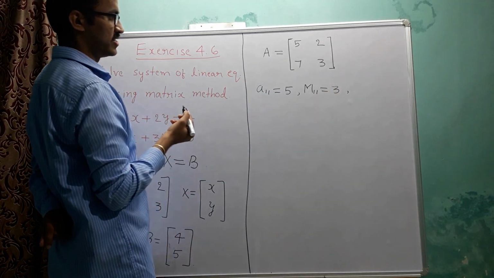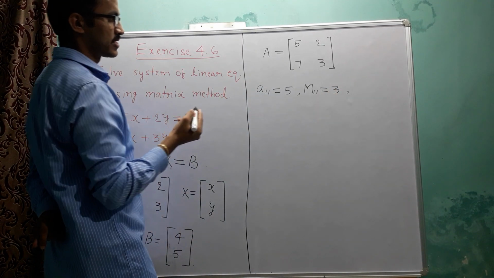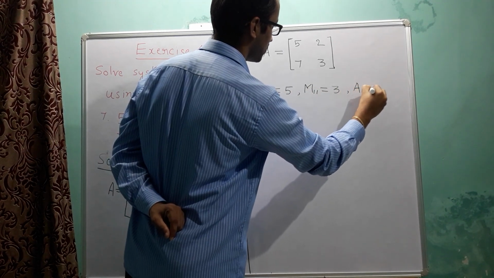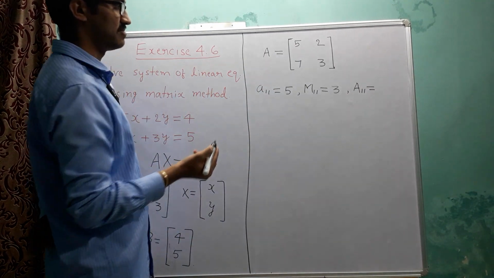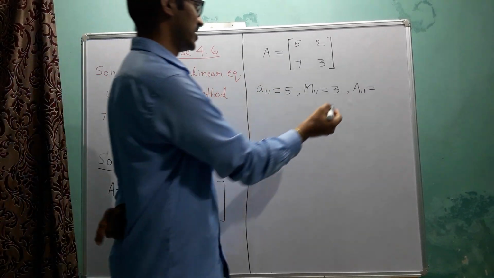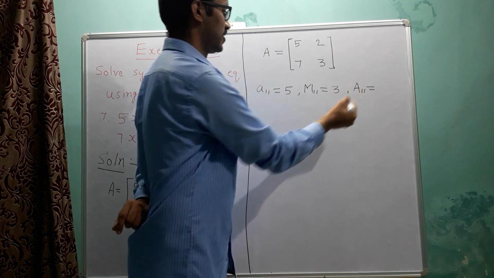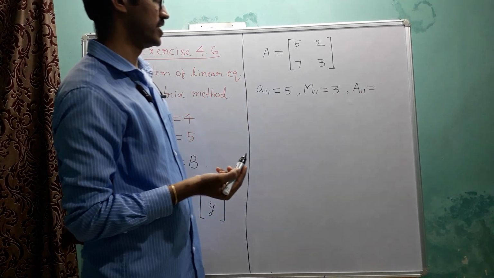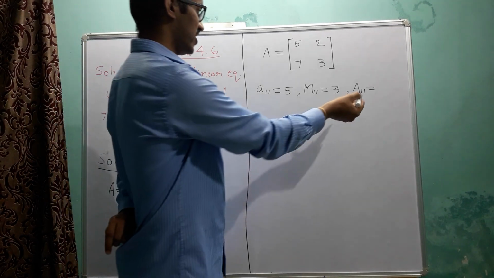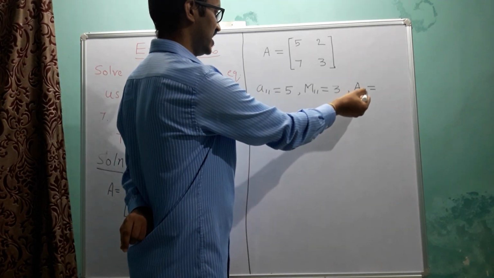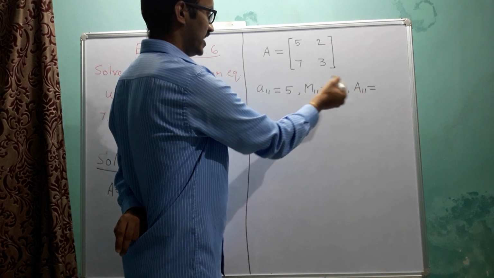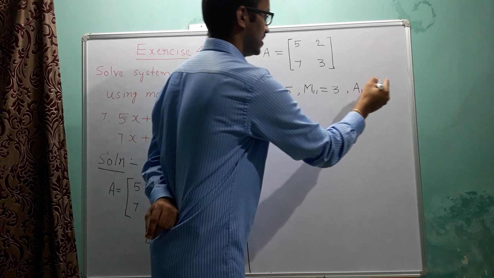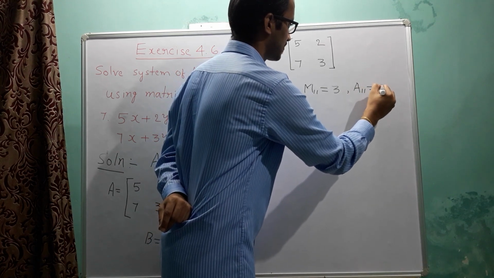So the M11 value becomes 3. And cofactor A11: the sum of the suffix, 1 plus 1, is 2, which is an even number. Whenever the sum of the suffix is even, the cofactor is the same as the minor. So the value of the cofactor is also 3.